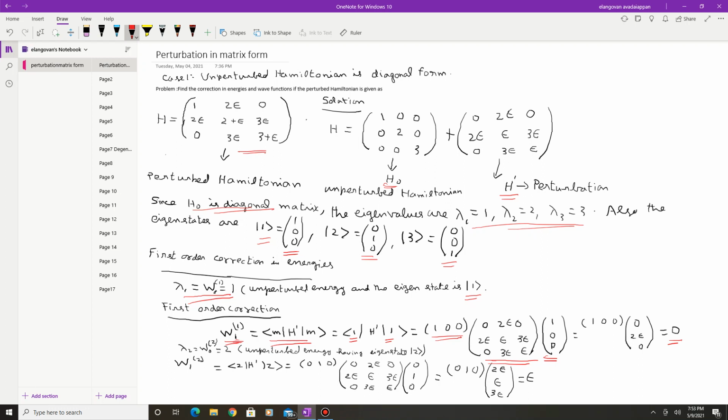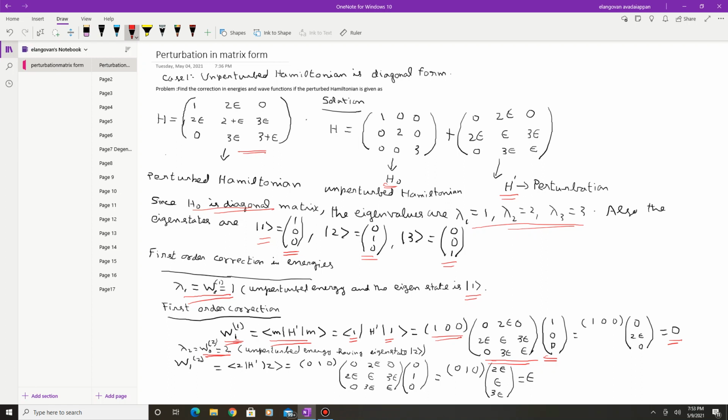Now let us take the other eigenvalue, the second state. The second state is lambda 2 is equal to 2. So W0 is the unperturbed energy, which is 2, and the superscript represents the second state.